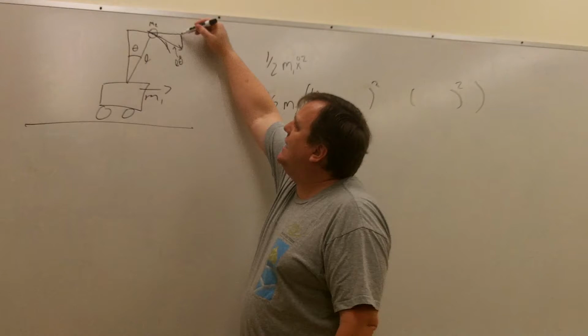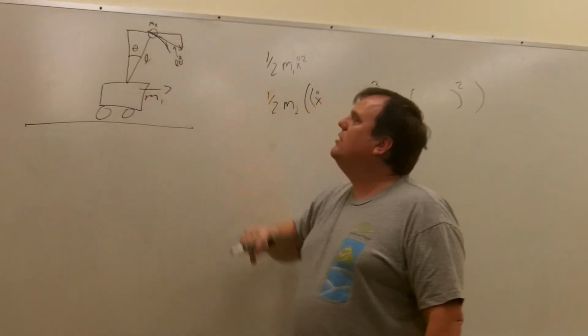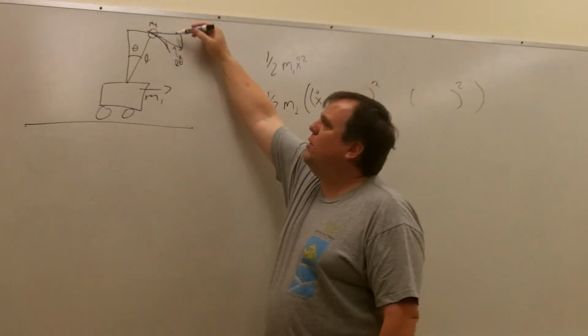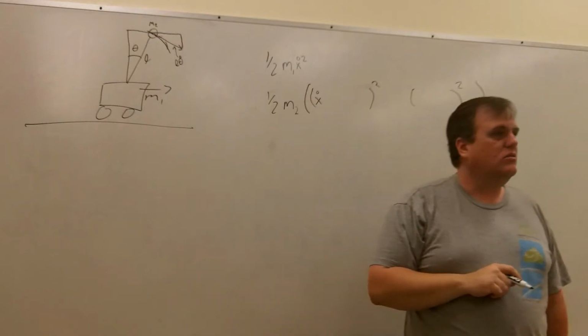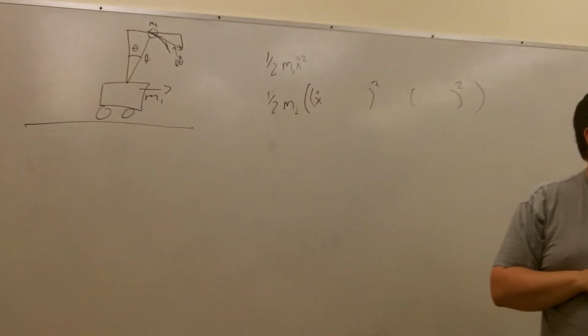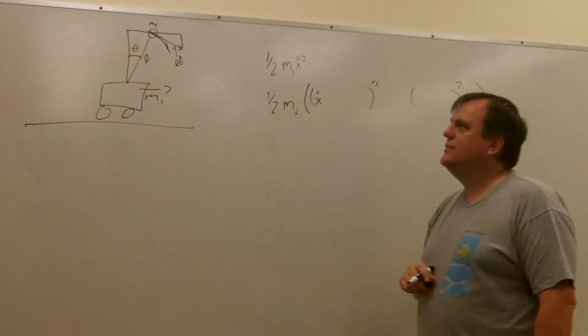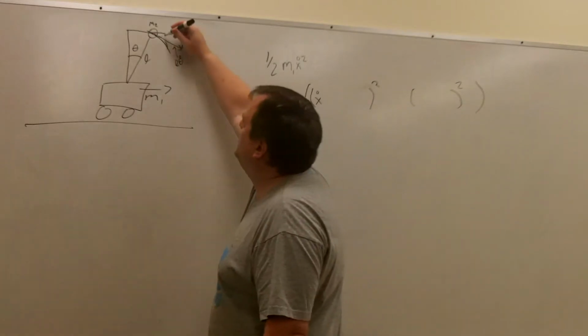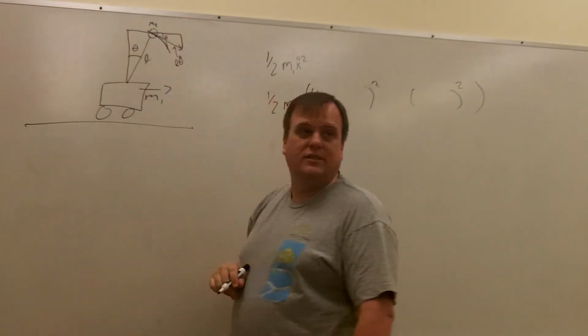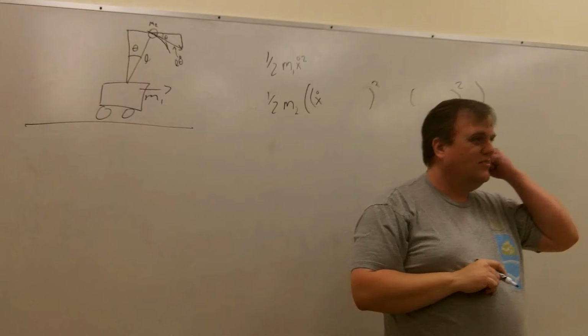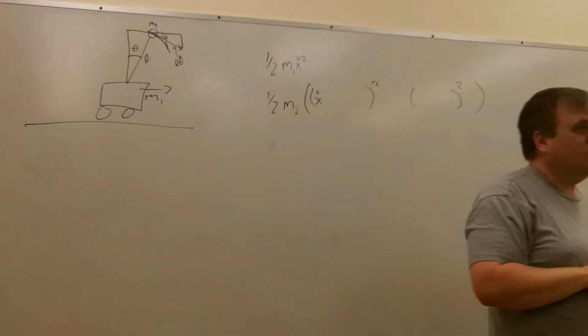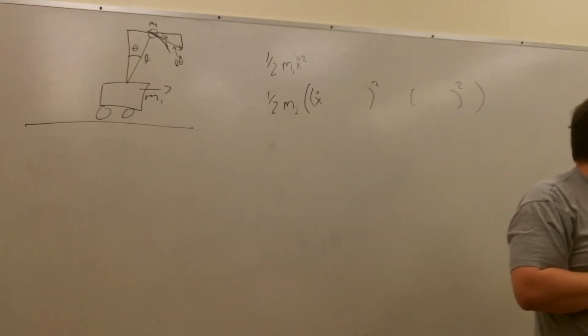So I can then ask, what is the component in the x direction? Theta dot L cosine theta, because this has to be theta. It's basic trig.